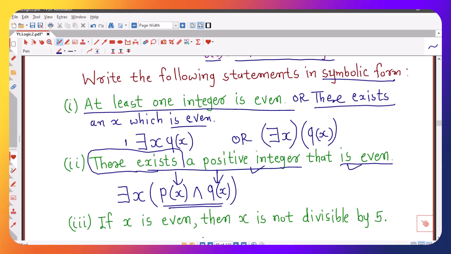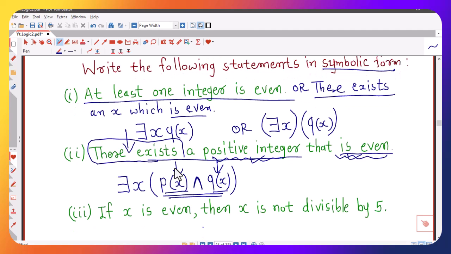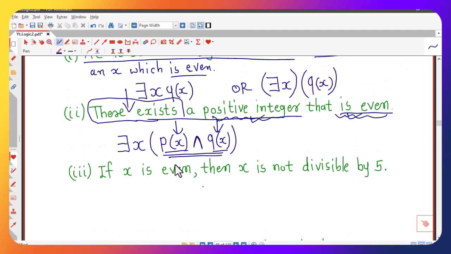And if some object is satisfying both properties, or more than one property, then we use the AND operator and join the statements representing those properties by AND.